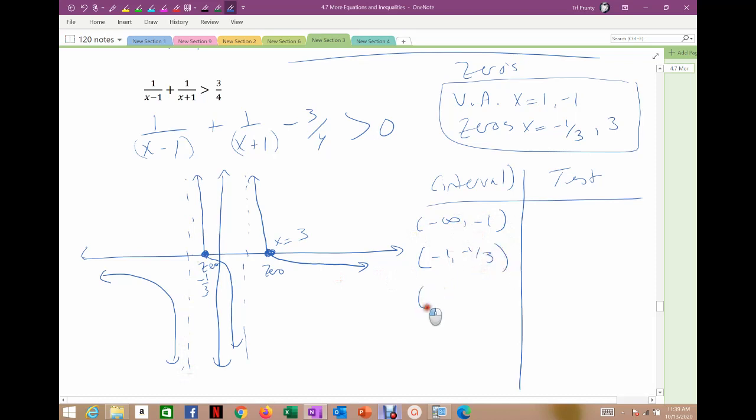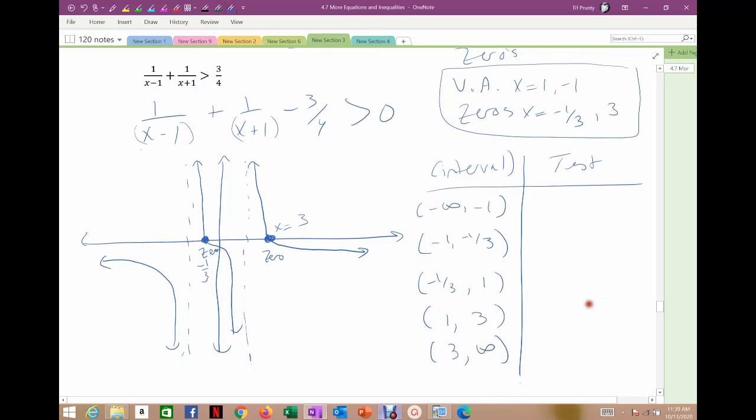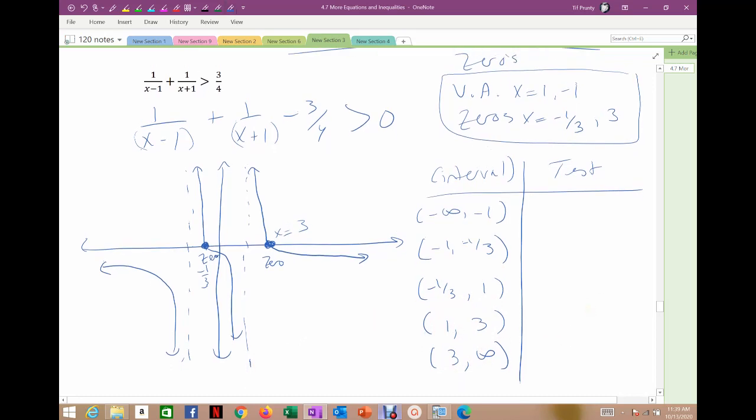There's a break there. And then negative 1/3 to my next asymptote, which is at positive 1. So there's a little area there. And then positive 1 to my 0, 3. And then my 3 to infinity. So there's a whole lot of parts to this. So this is what the table is kind of organizing, all of the places that my answer could show up. Making sure I don't miss anybody. Right? And so there are 5 pieces.